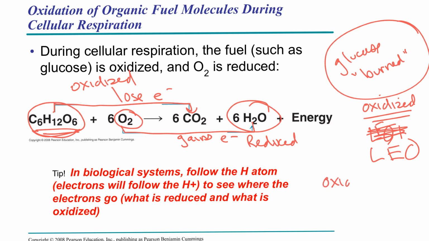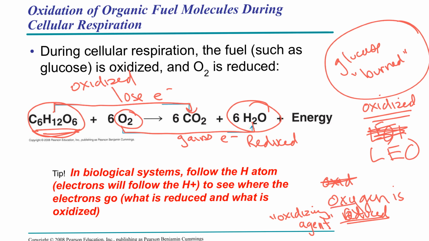Remember, oxygen is reduced. But anything that is reduced is itself called an oxidizing agent. So you might think, well, why isn't oxygen oxidized? Oxygen is an oxidizing agent. It is itself reduced. So anything that's reduced we call an oxidizing agent. Anything that is oxidized we call a reducing agent.